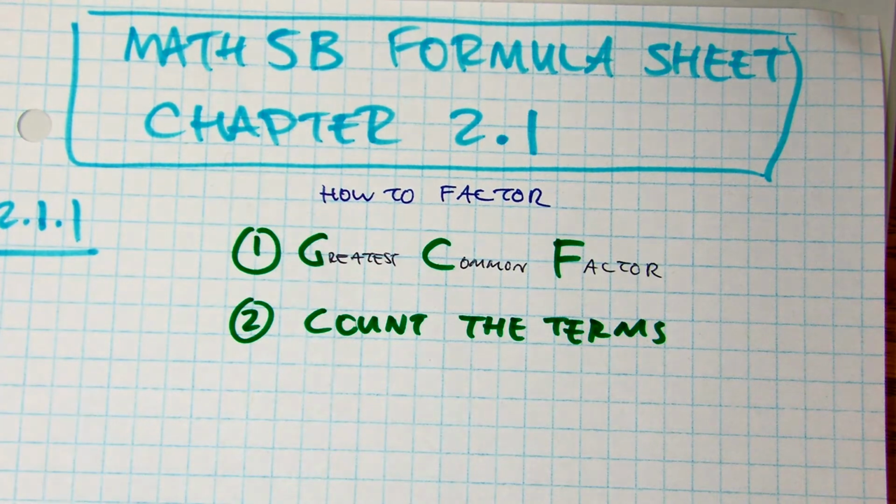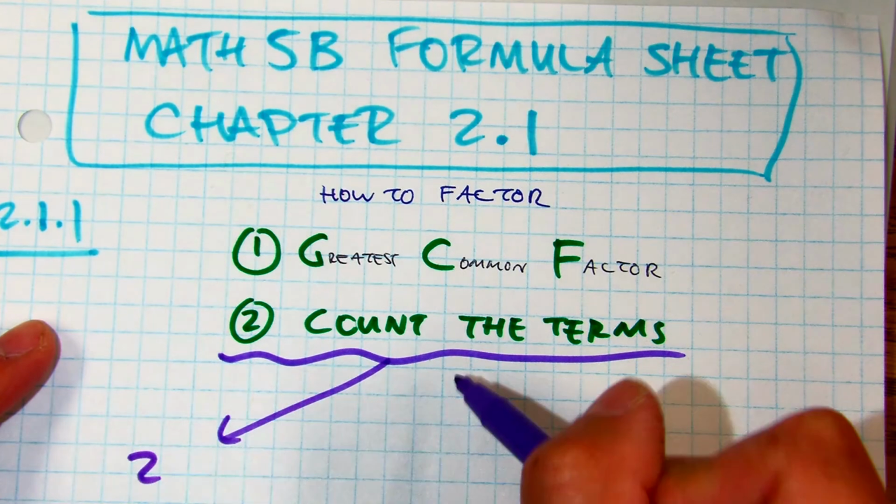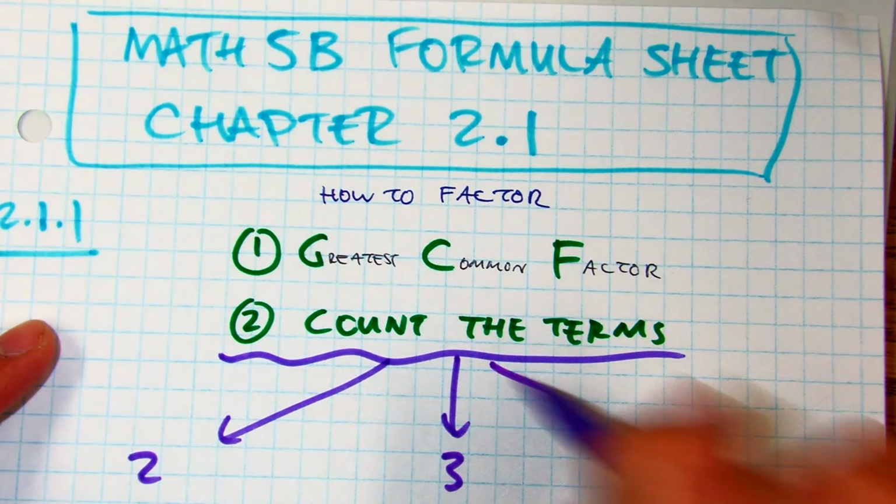You might count that it might have 2 terms, 3 terms, or 4 terms.